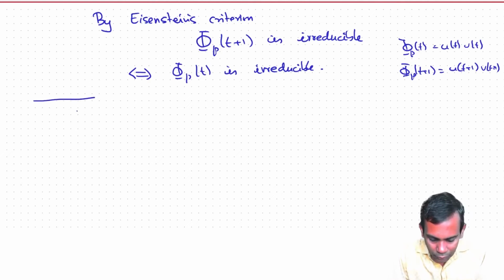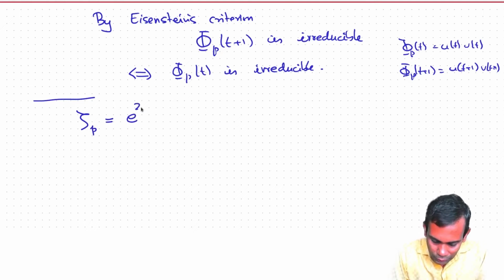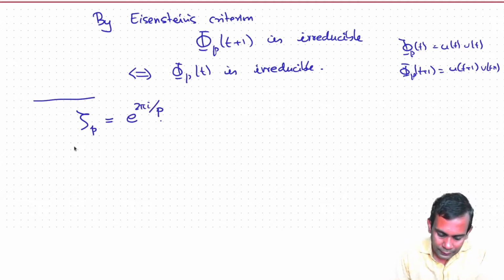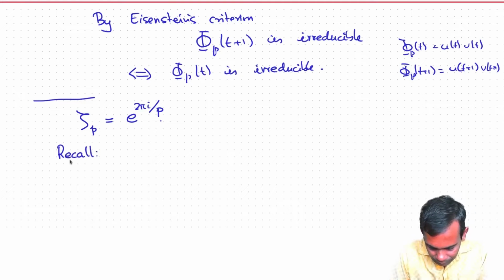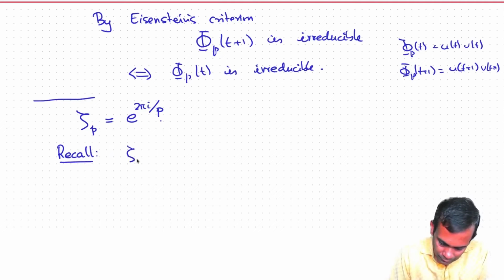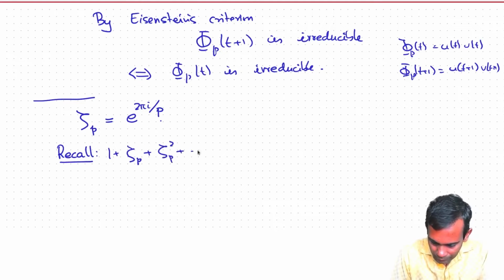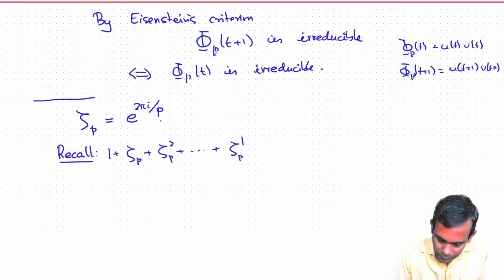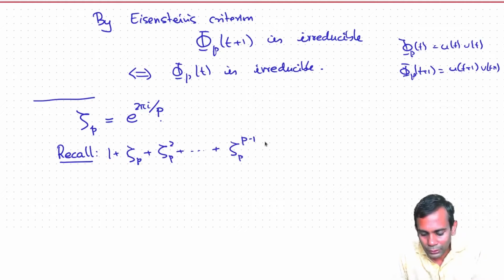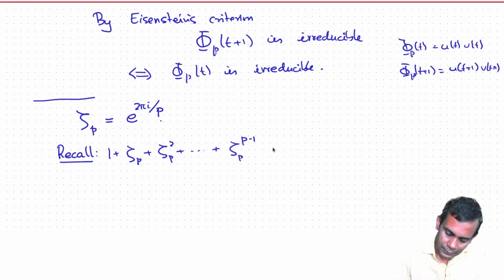Now recall that we were defining zeta p to be the primitive pth root of unity. So this is e to the 2 pi i by p. And this satisfies 1 plus zeta p plus zeta p squared plus dot dot dot plus zeta p to the power p minus 1, which is equal to 0.